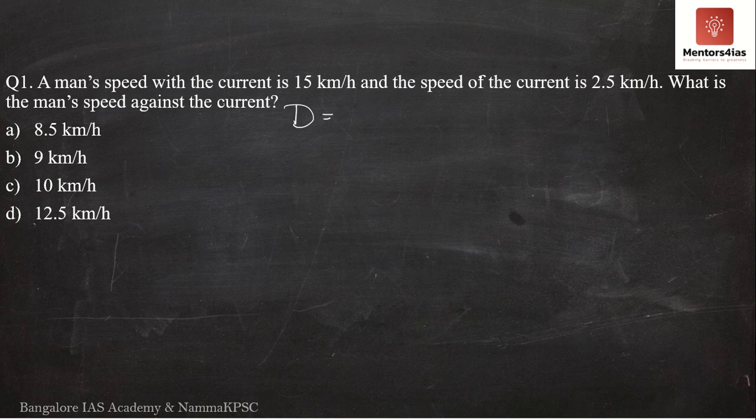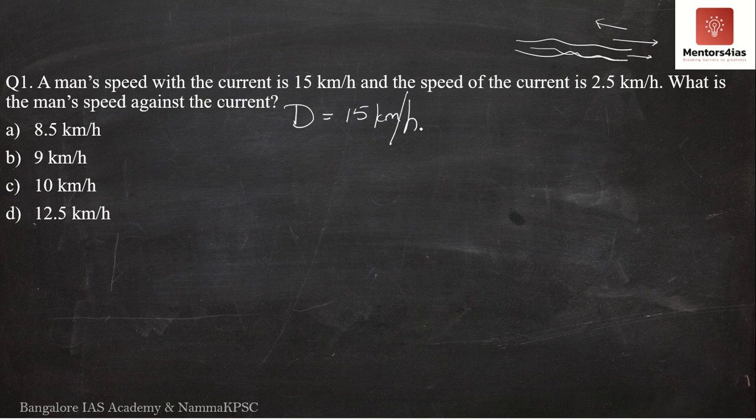Downstream is when the boat is moving along the direction in which the water is flowing in the stream. Upstream is when the boat is moving in the direction opposite to the flow of water in the river. Therefore, here downstream speed is 15 kilometers per hour.